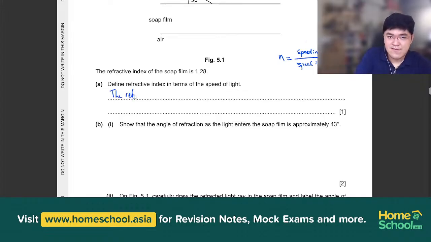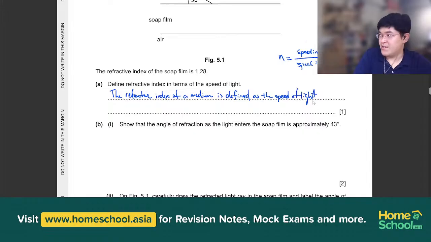The refractive index of a medium is defined as the speed of light in air.